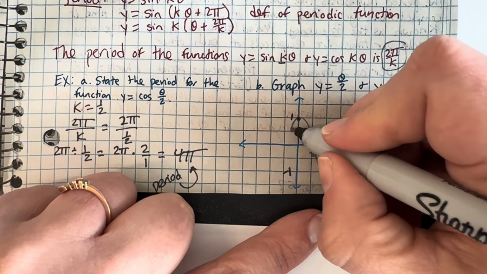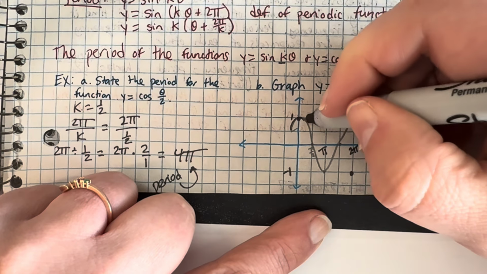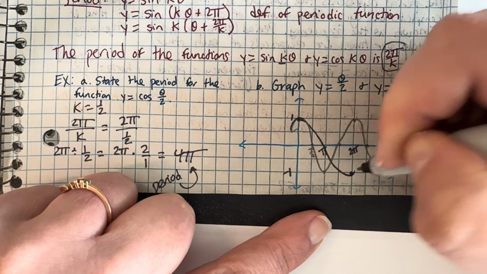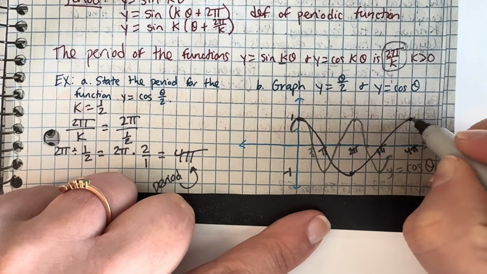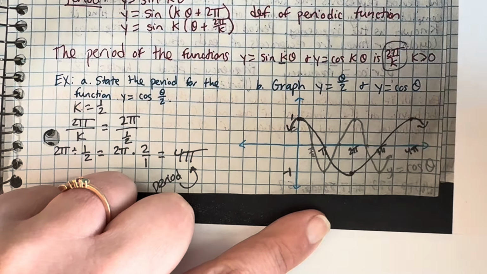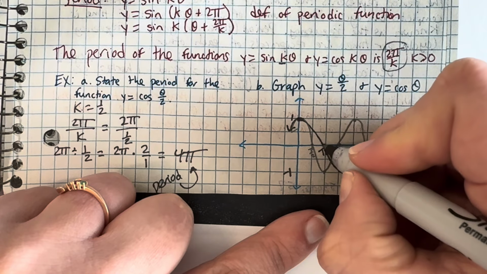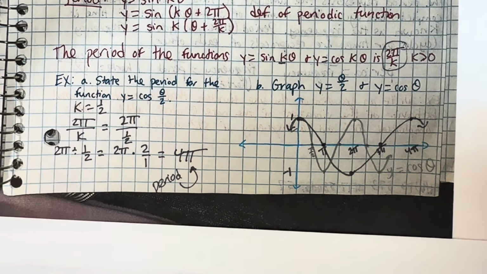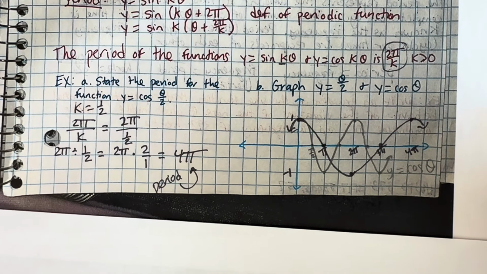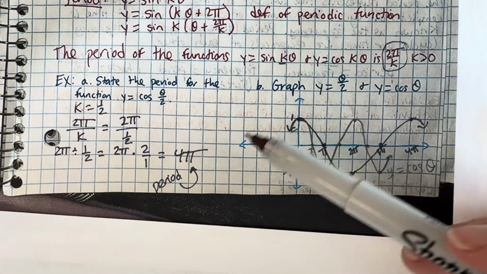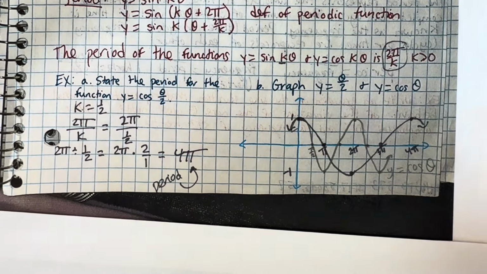So that means for my cosine of 4, I'm going to go here and hit this point and come back around here. I know that the 4 pi happens every pi units instead of half units because my period is twice as big.